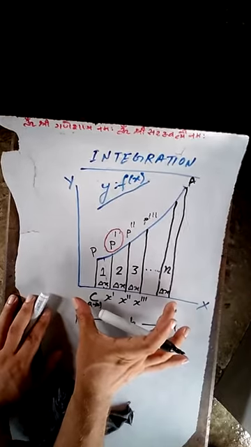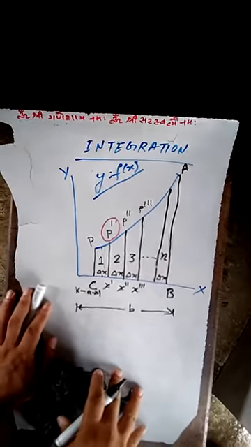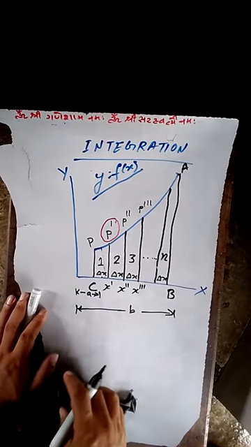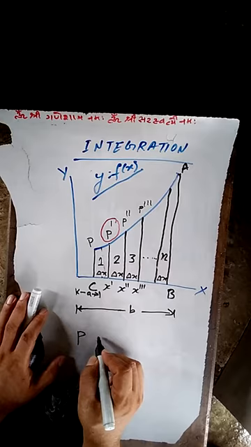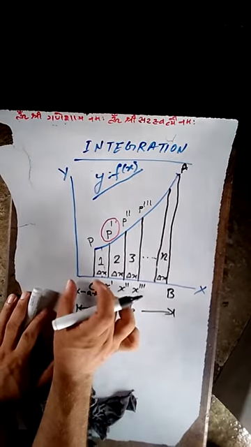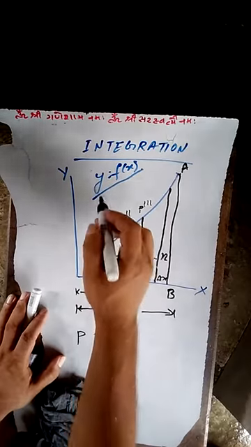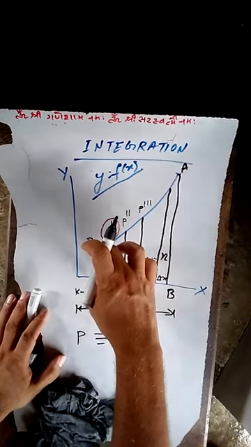So this distance is b, and this distance is a. Now what will be the coordinate of point P? For the coordinate of point P, this distance is a, and as y is equal to f(x), this distance is what?